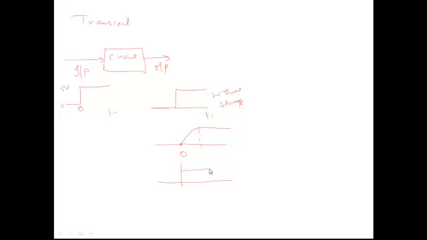For example, this is the actual required response, but you may get a response something like this. In this response or output, you can see two areas. The shaded area is the place where the output is changing with respect to time. If you have only a DC source as the input, you should not have the output changing with respect to time.